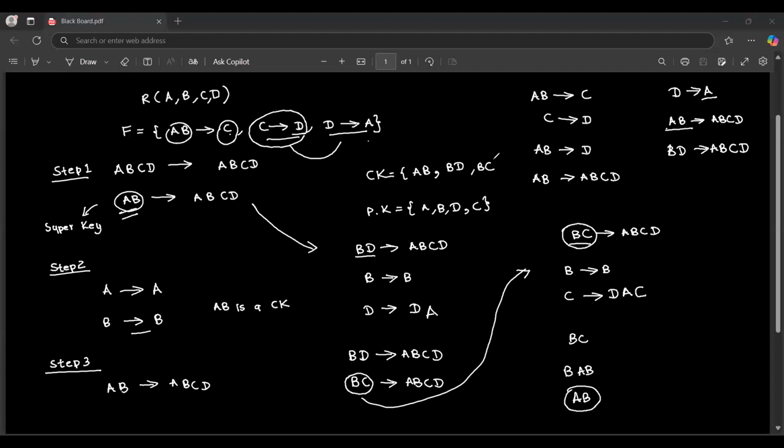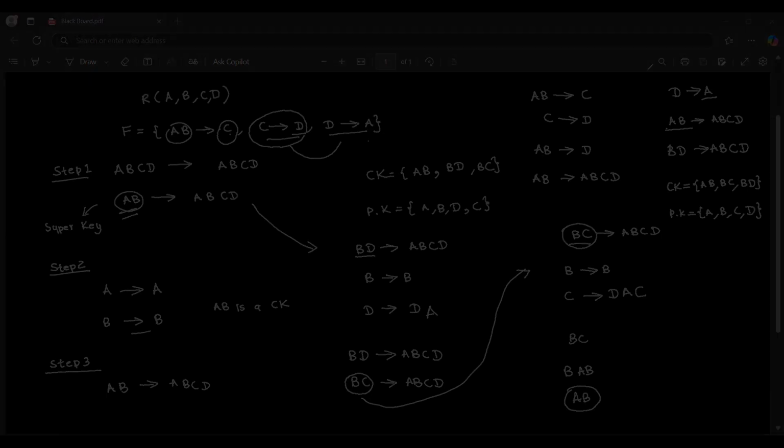So we can say BC is the final candidate key. So we have three candidate keys here and four prime key attributes. If I rewrite them, you will be able to understand that easily. AB, BC, and BD. And prime key attributes are A, B, C, D. That's it. This is how you have to approach this question.